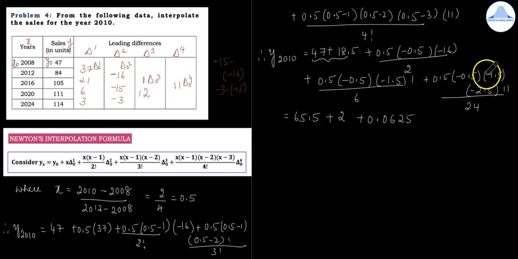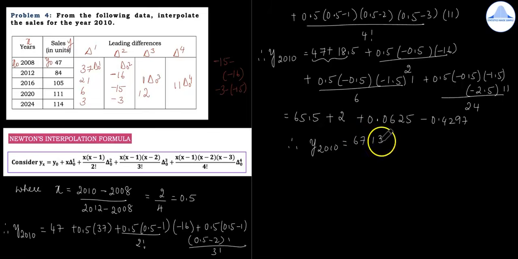Then here minus into minus is plus, plus into minus is minus, minus into plus is minus. So all these 4 values multiplied by 11 and divided by 24 will give 0.4297. So therefore y 2010 is equal to 67.13.